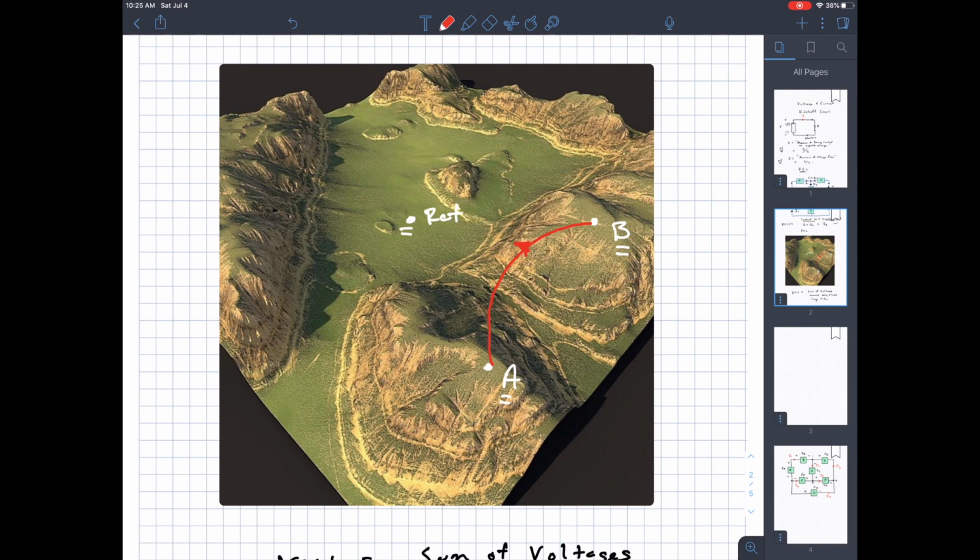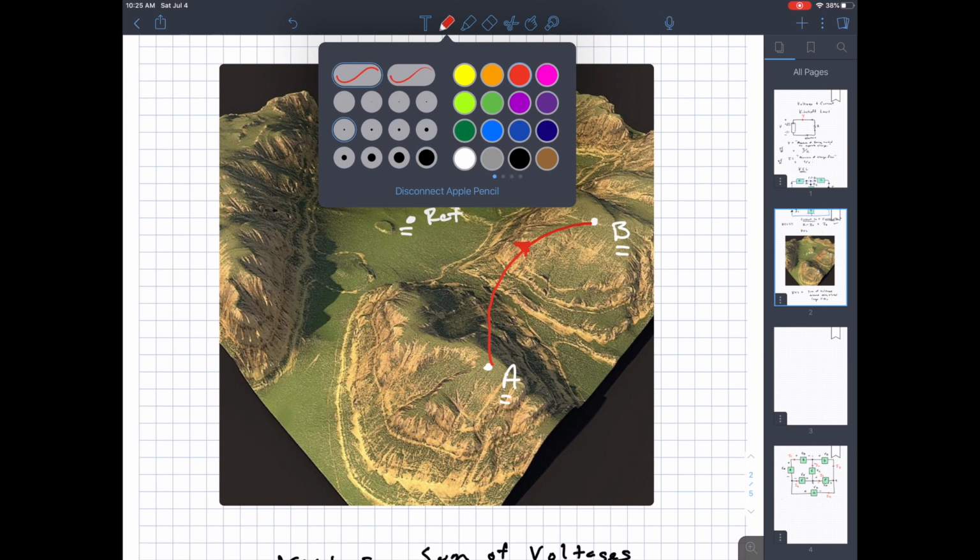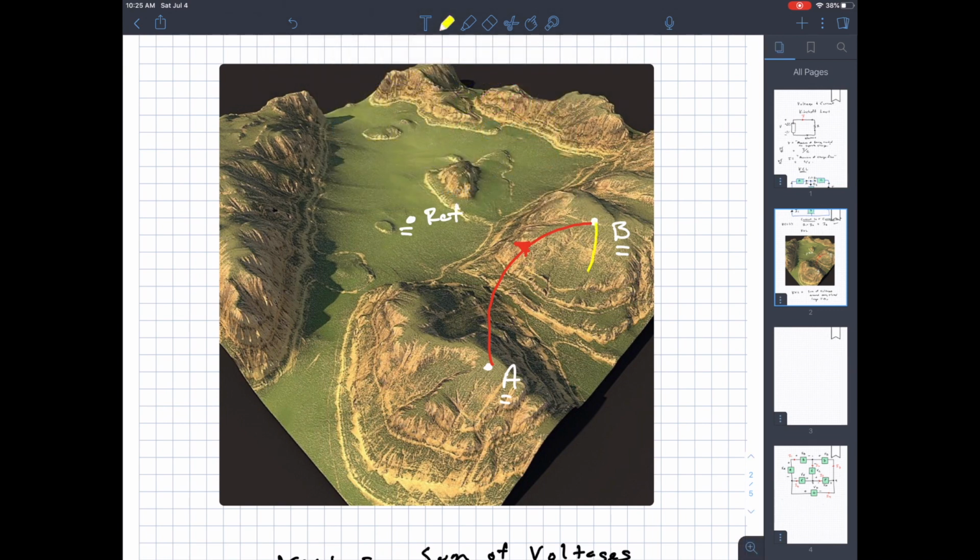So from point A to point B, we lose potential energy because point A is higher than point B. Then what would happen if we move back from point B to point A? Well, we would gain potential energy because we're rising in elevation. Point A is higher than point B.